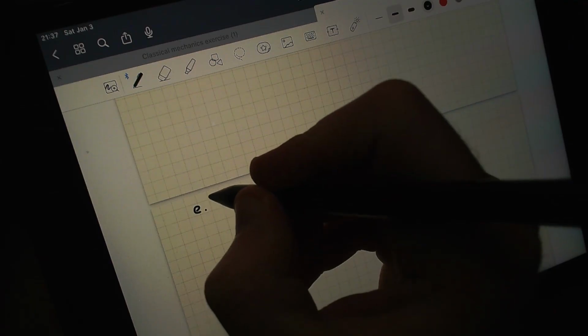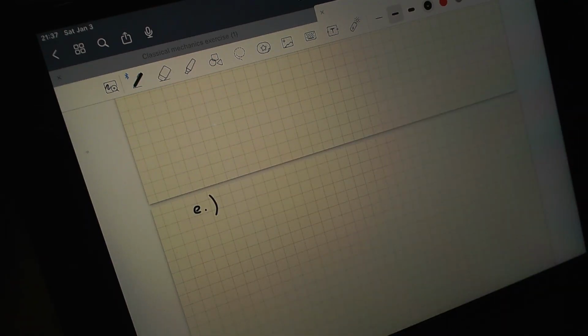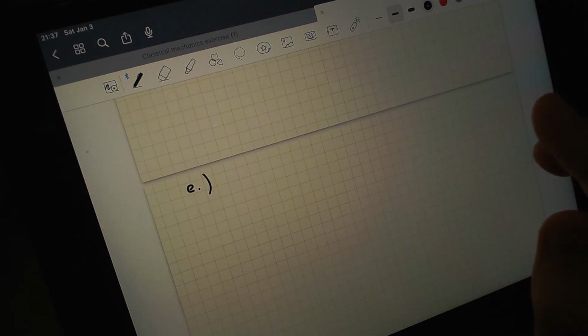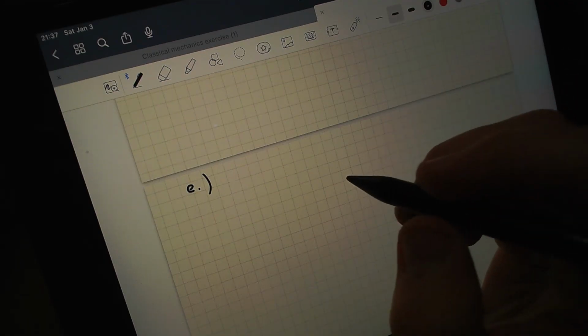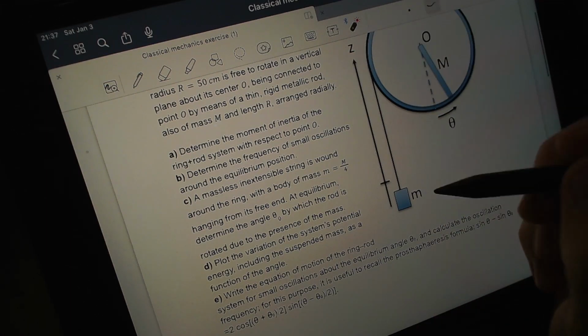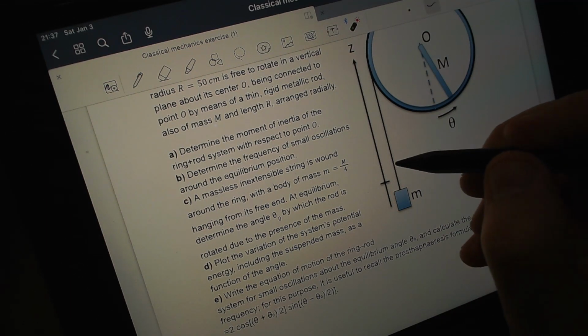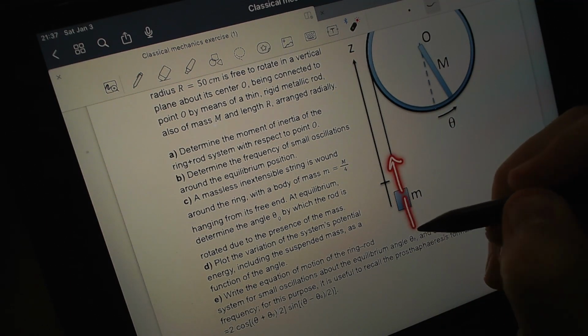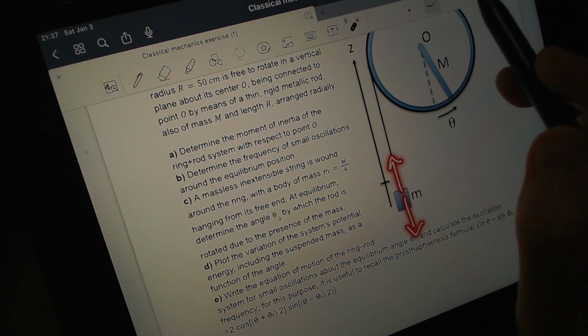Okay, so the first method is basically a standard method in which we have to consider the equations of motion for the system. So we know that for mass m we have the tension of the string, and then we have obviously the weight of the mass m.